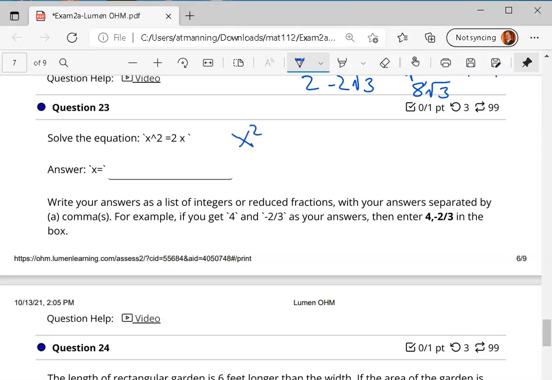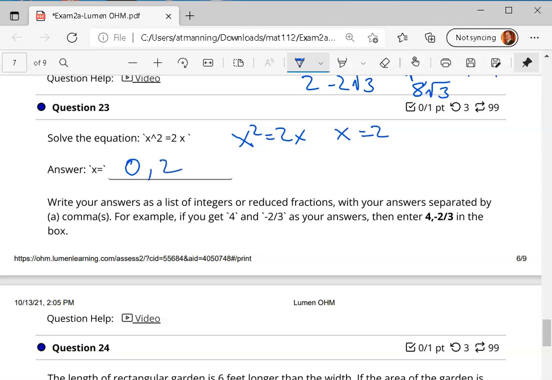Similar equations. That becomes, let's see, what do we have? x squared equals 2x. Solve the equation. Well, when x is 0, I get 0 equals 0. So I know x can be 0 to solve all that. Well, if I factor out the x, except for when x is 0, what do I get? x divided out by x. x equals 2.